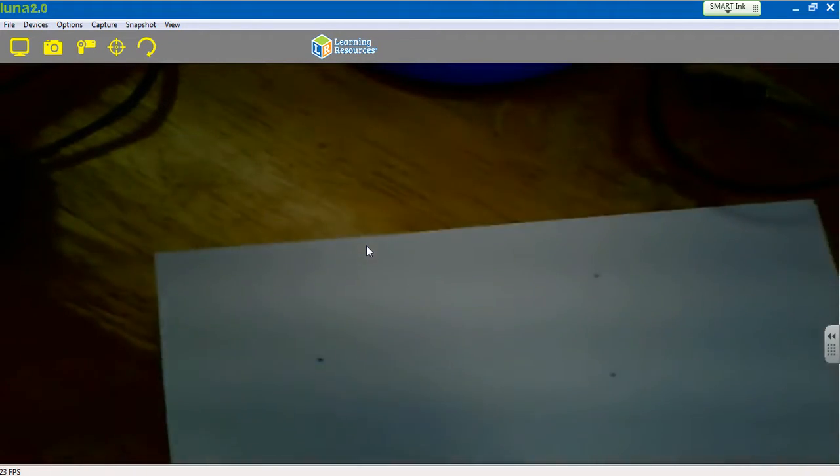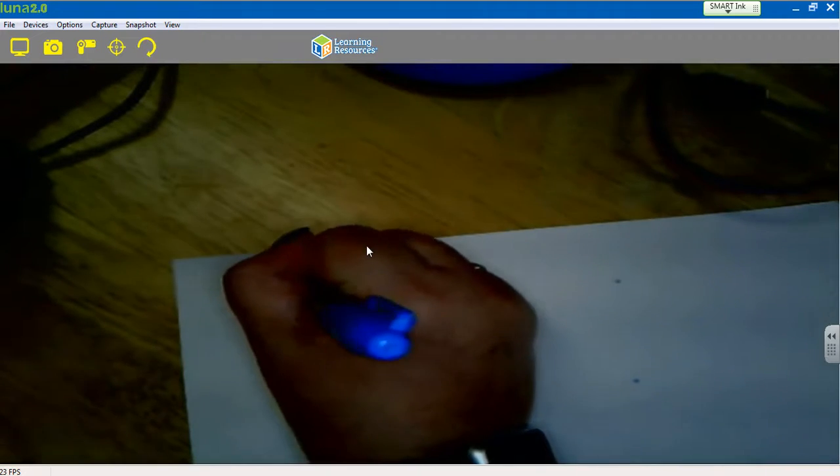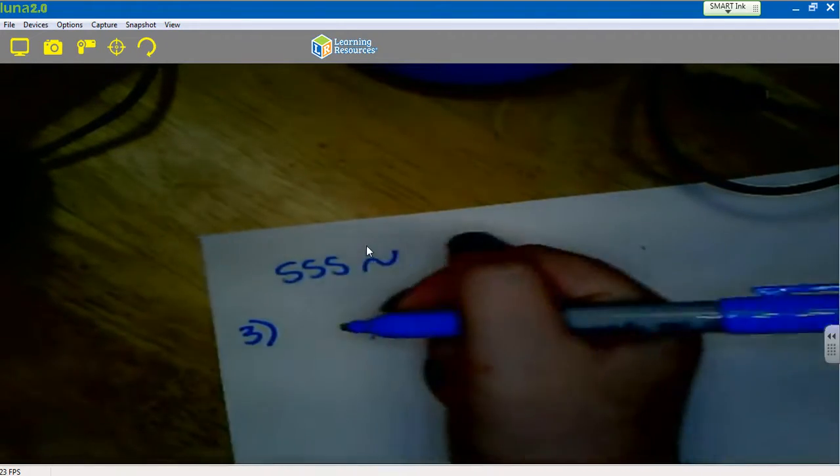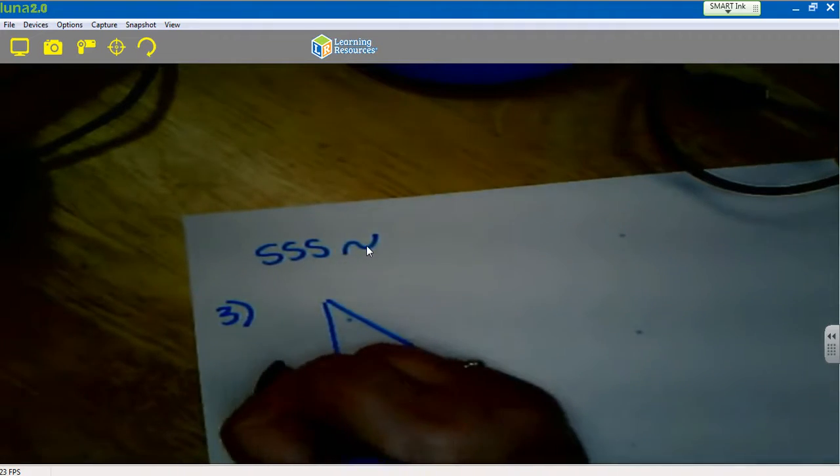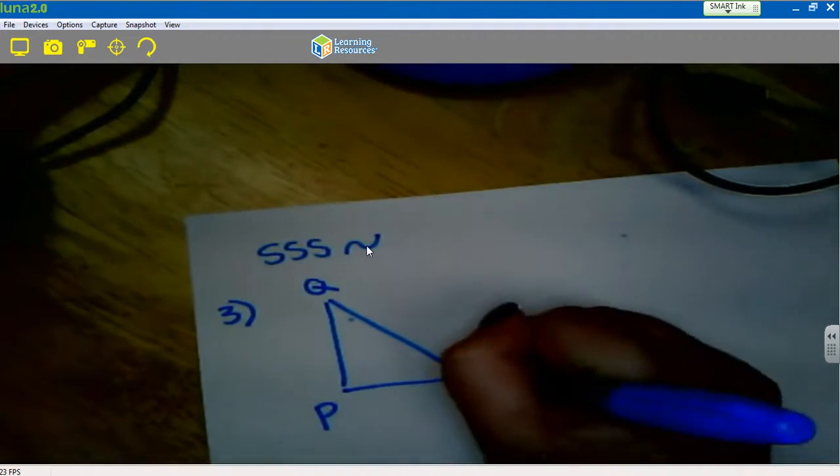All right, side, side, side similarity. With side, side, side, we need to show that all of the corresponding sides are proportional. So let's take a look at example 3. We have triangle PQR.